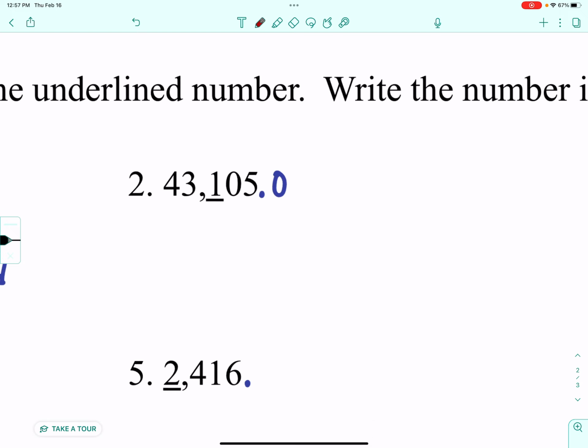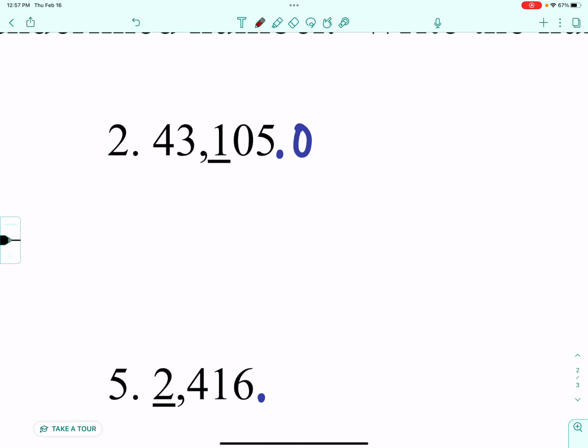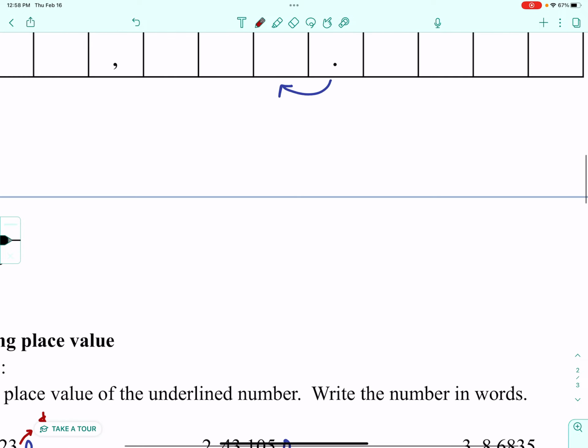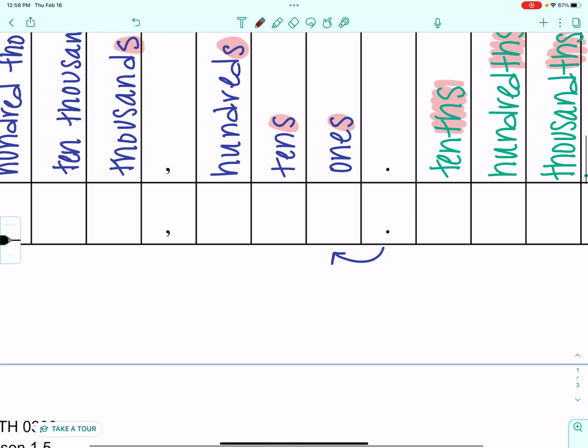I'm going to skip over to number 2. It wasn't a very big skip. For number 2, I need to go 1, 2, 3 places to the left of the decimal. So I'm going to go back to my chart, and I'm going to go 1, 2, 3 places.